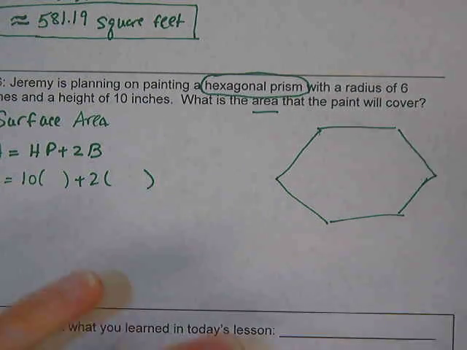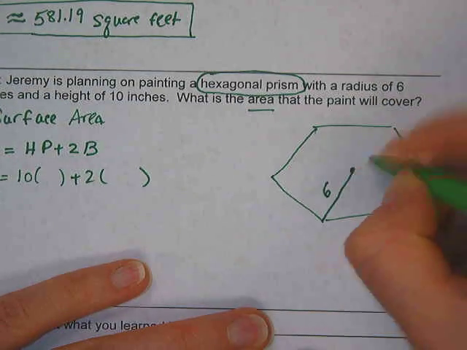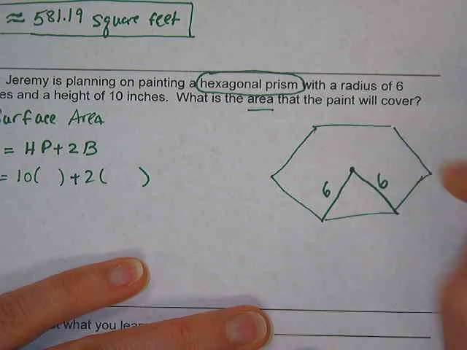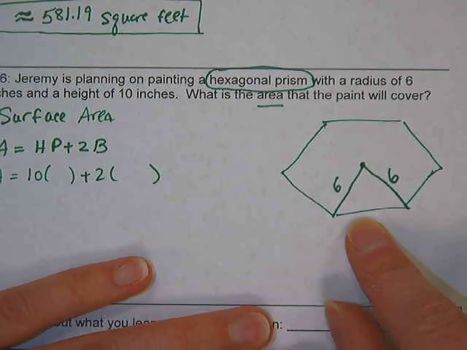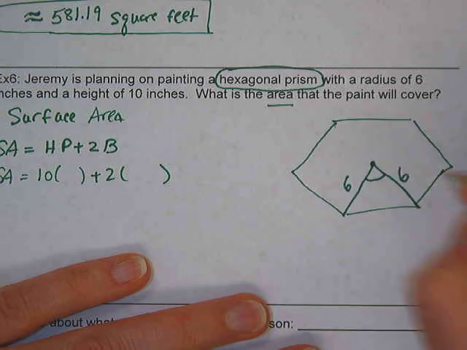Well, we're talking about a hexagonal prism, so I'm going to draw a sketch of a hexagon. And I'm going to draw a big one so that I can actually mark it up. Not a very good one, but that's okay. It says the radius is 6 inches.